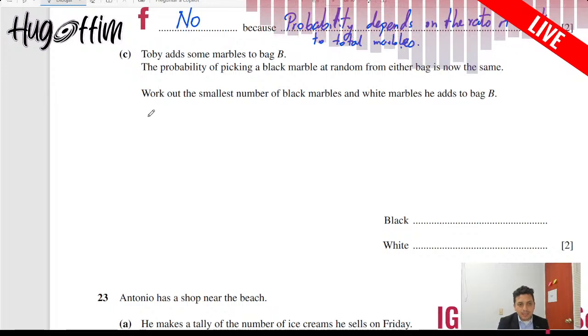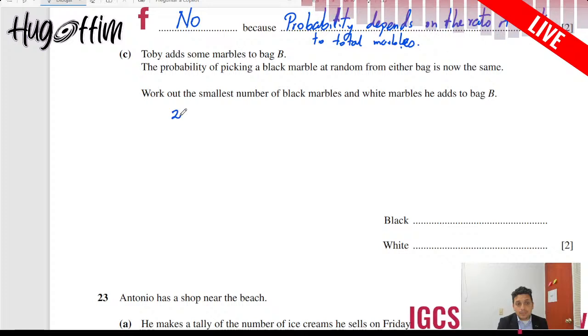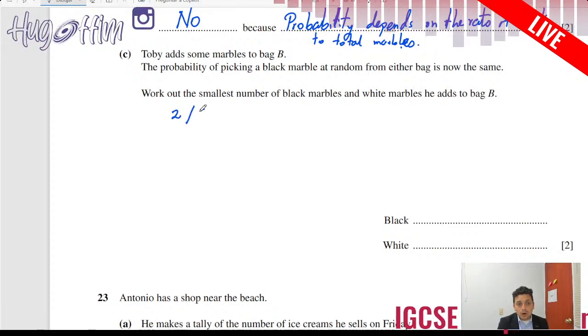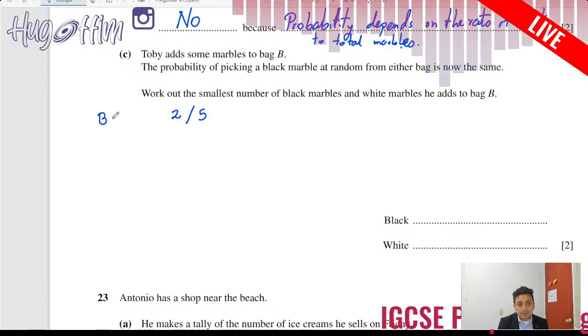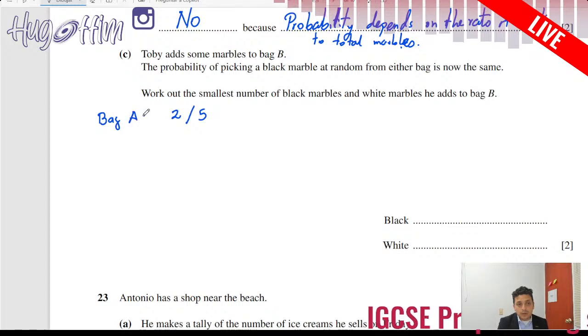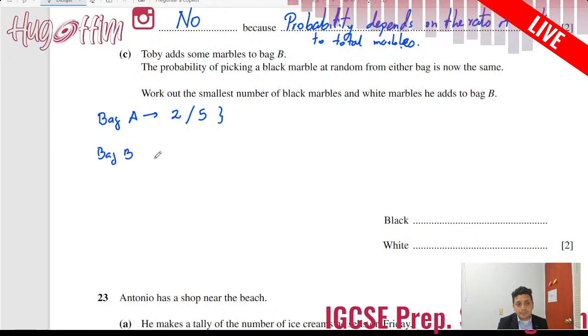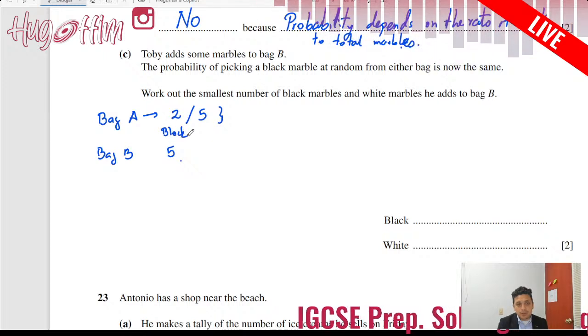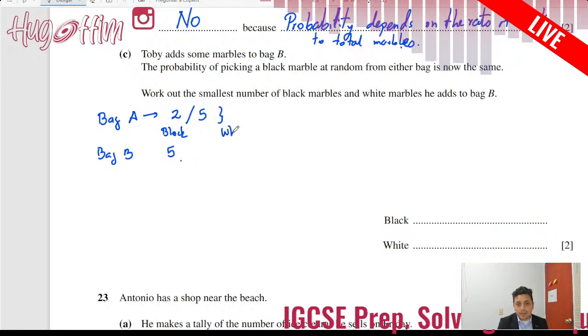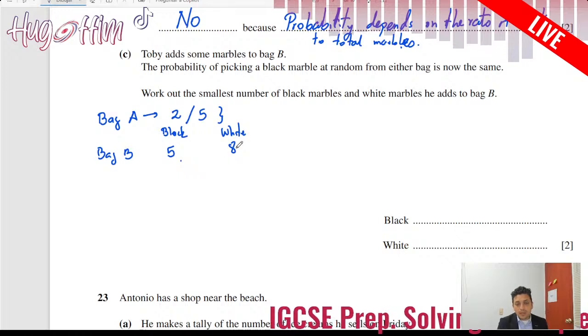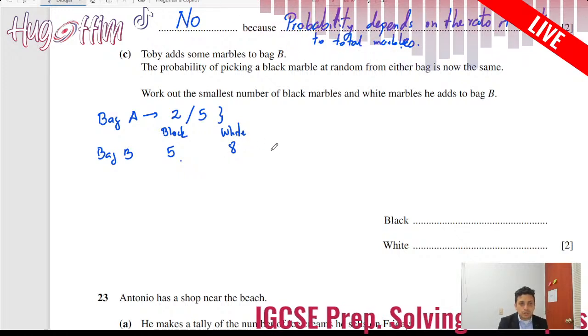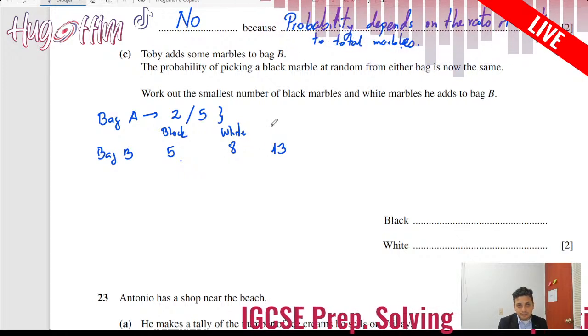So let's remember that the probability of a black marble in bag A is 2/5. And in bag B, I have 5 black marbles and 8 white marbles, so in total I have 13.